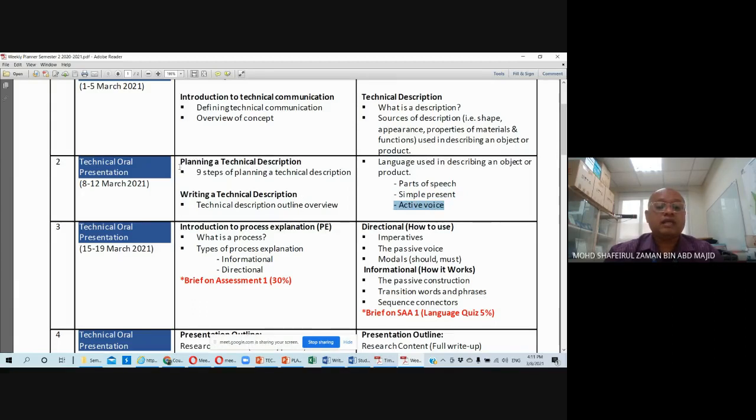So by the end of this lesson, you will know how to plan for a technical description. When you are going to describe a product, what are the things that you need to look at? And secondly, you are going to have a look at how to write a technical description properly.